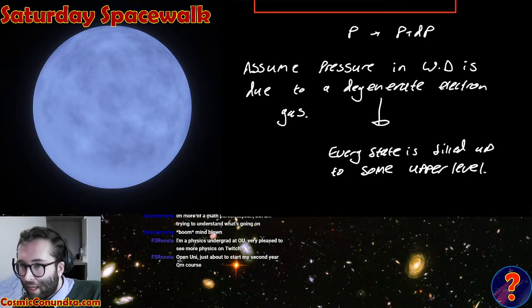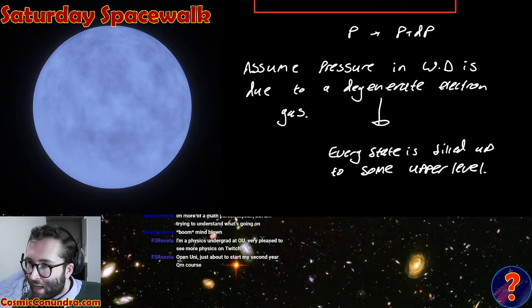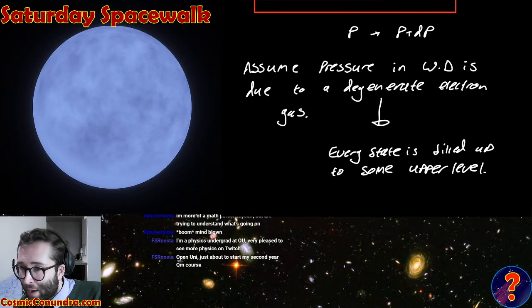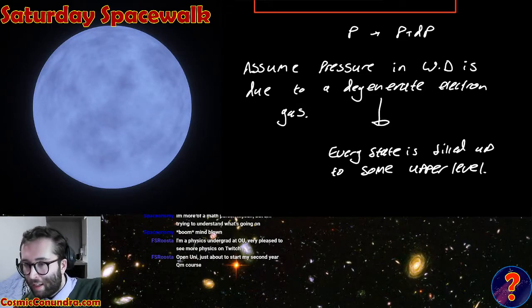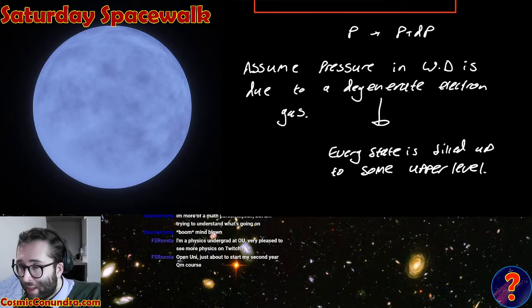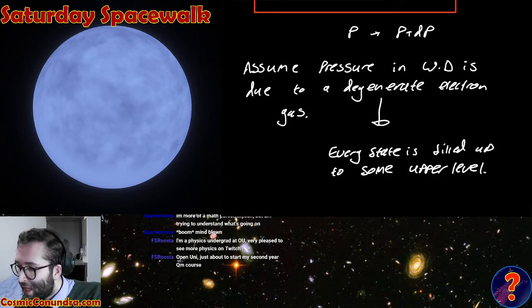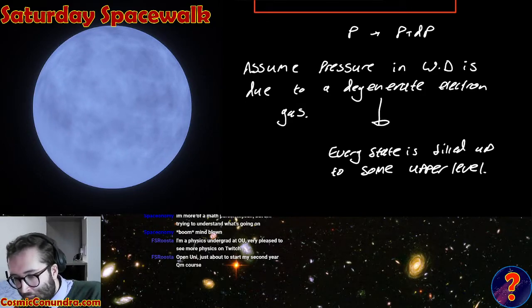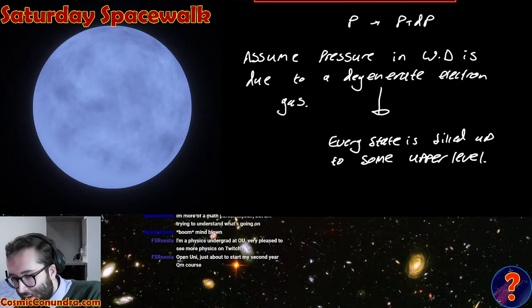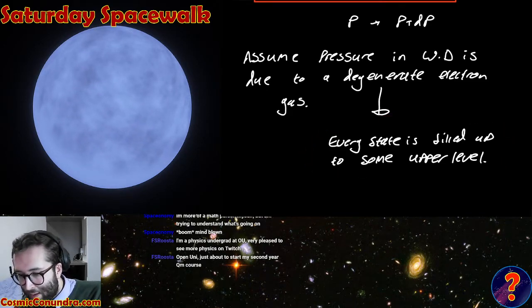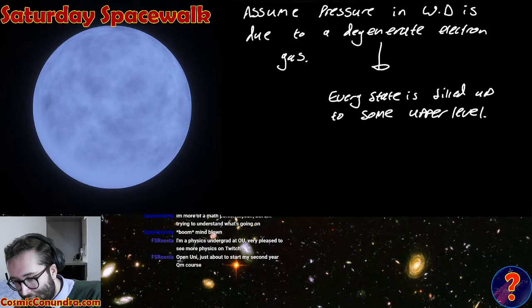Okay, and as we're labeling these things in terms of momentum, instead of thinking about which n, so I said first you fill n equals 1, then you fill n equals 2, then you fill n equals 3, and so on. Instead of thinking about it in terms of n, we're thinking about it in terms of momentum. And we call this upper level, this maximum state that the particles are filled up to, the Fermi momentum.